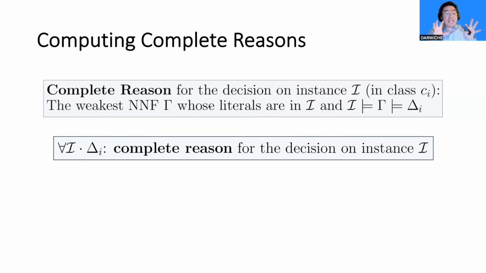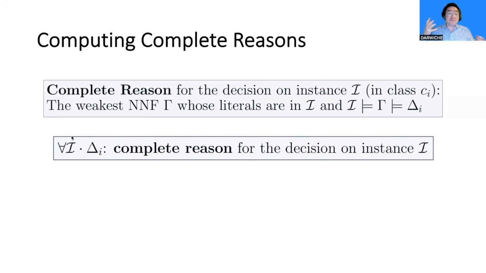So the complete reason, once more, is both sufficient and necessary for the decision under the restriction that we mentioned, that you can only formulate it using states that appeared in the instance. Okay, that's pretty important, and you can get it beautifully using this operator.